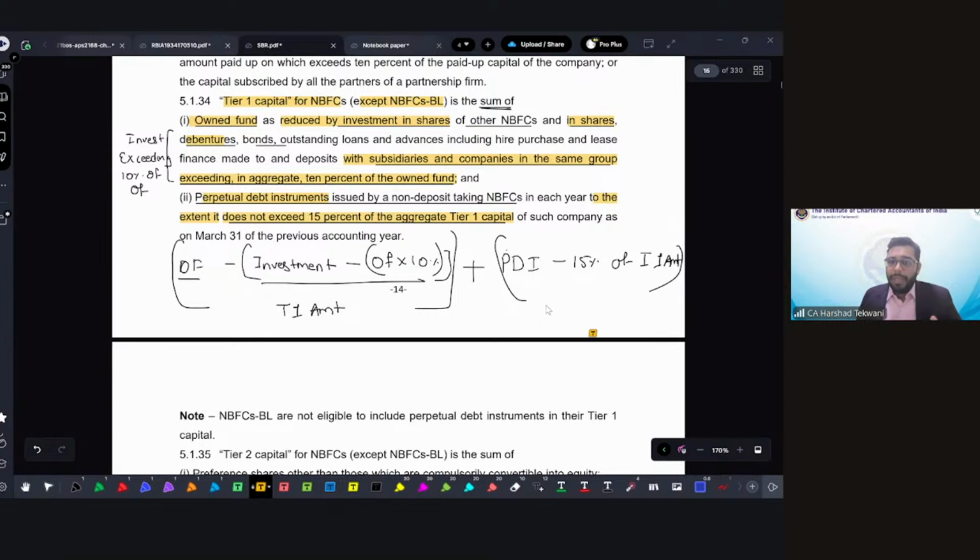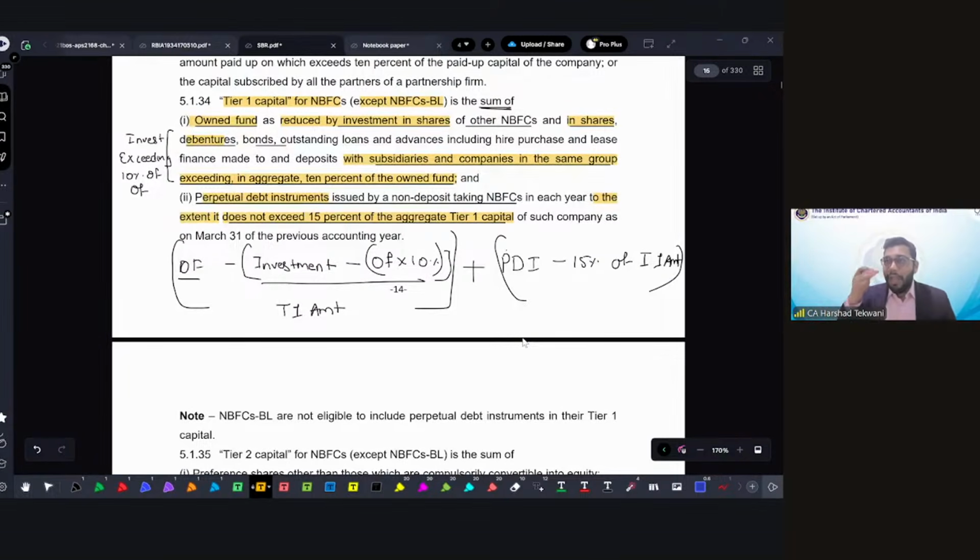Sir, here the perpetual debt instrument is issued to the group company or outsider, sir? No, perpetual debt instrument issued as per the regulations, basically. Now, when I talk about regulations, it specifies to whom you can issue. So it's not that you can issue to everyone.